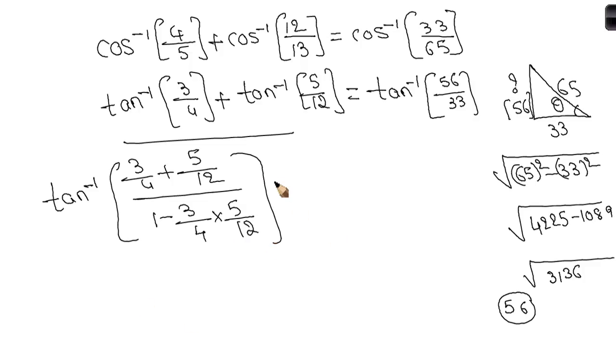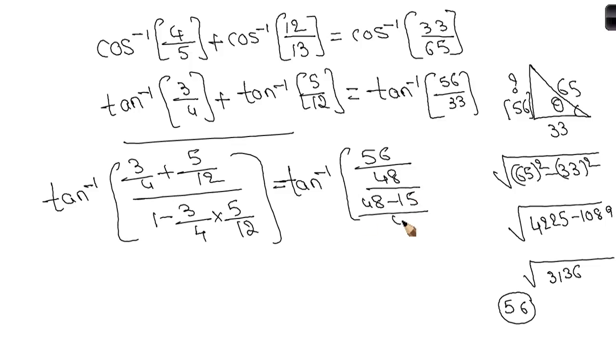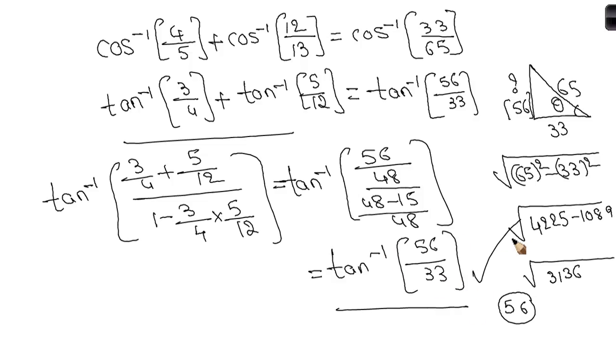So that is tan inverse of 36 plus 20, that is 56 upon 48, upon 48 minus 15 upon 48. So that would be tan inverse of 56 upon 48 upon 33 upon 48, that is 56 upon 33. This is the answer. Done. Good.